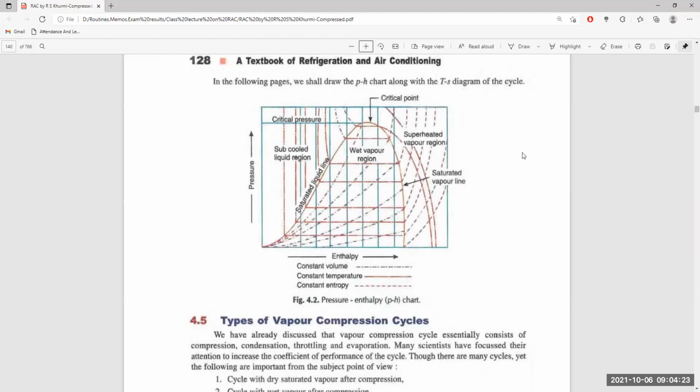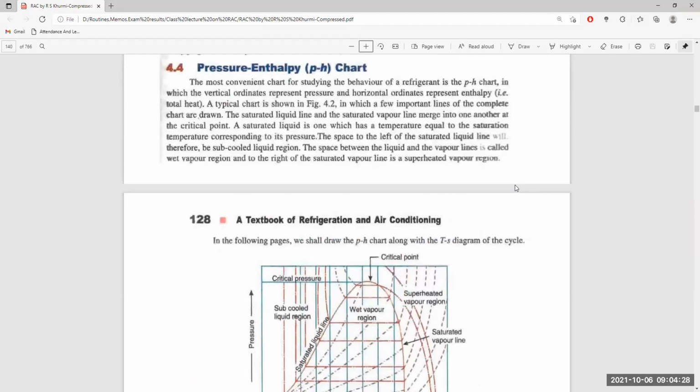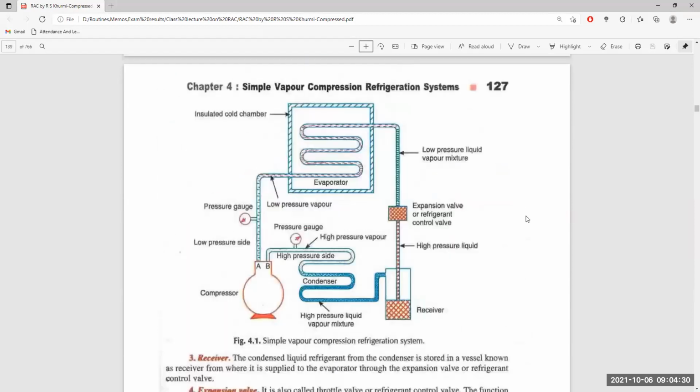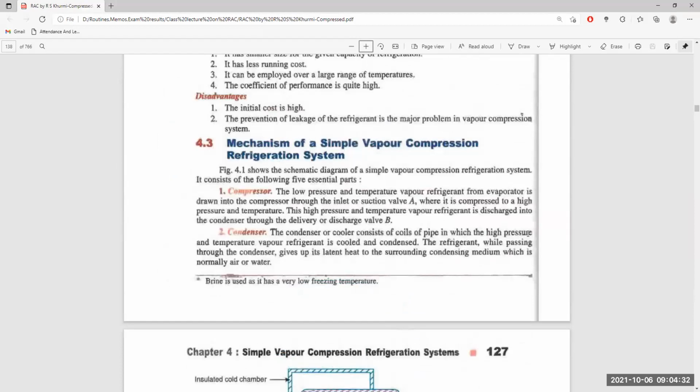Let us start our class today. Up to yesterday, I have gone through the components of a vapor refrigeration system.